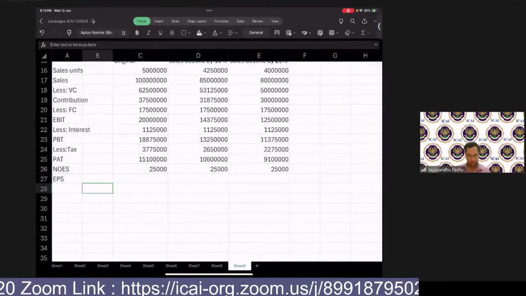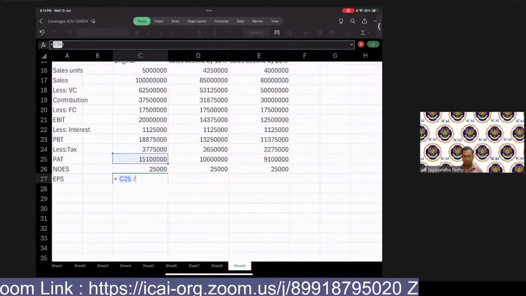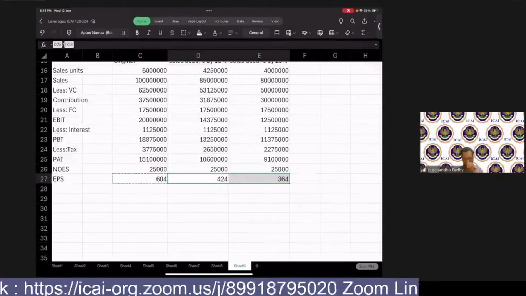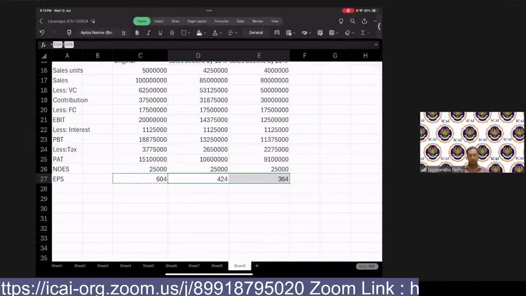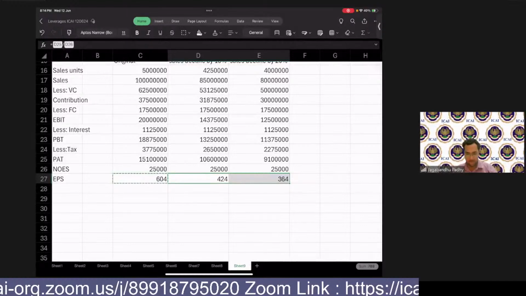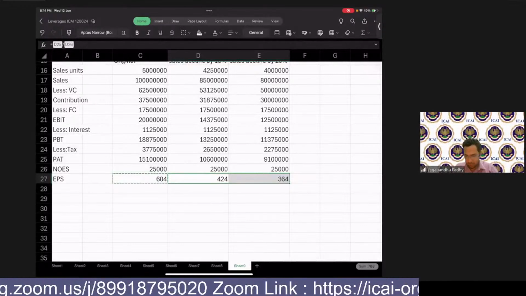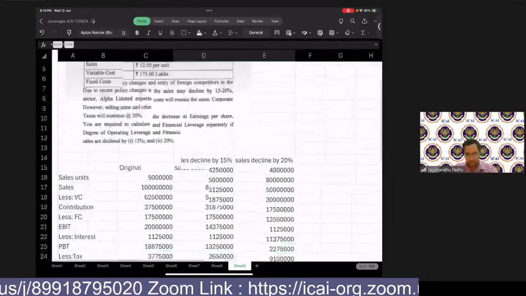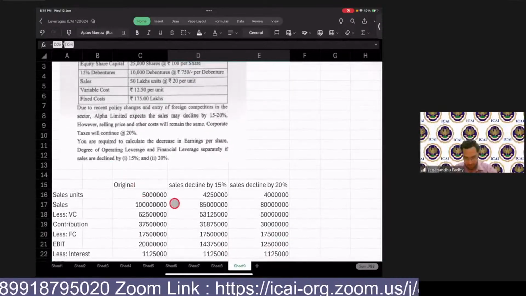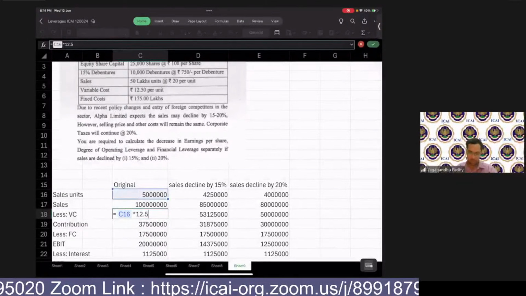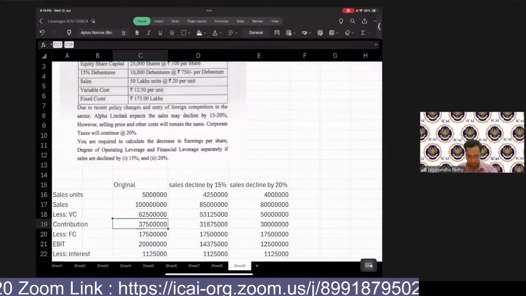So yes, we have 604, we have 424, and the EPS numbers, because again I have taken only this multiplied by 20 as the quantity.